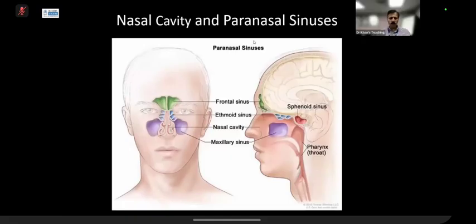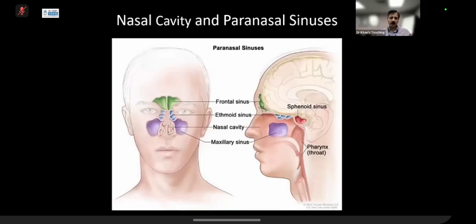Okay. Now, if you see here, there are 6 sinuses, paranasal sinuses, and they are named on the bones from which they arise. So 2 maxillary, 2 ethmoid, 2 frontal, and 2 sphenoid sinuses posteriorly placed. In the center is the nasal cavity. Now, if you see this nasal cavity, there is a septum here, and there are bones projecting into it.